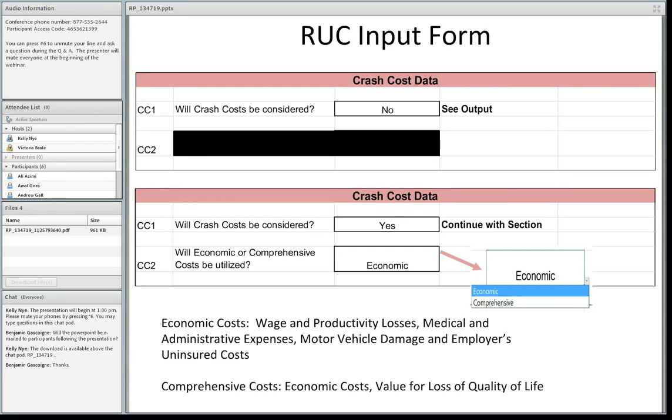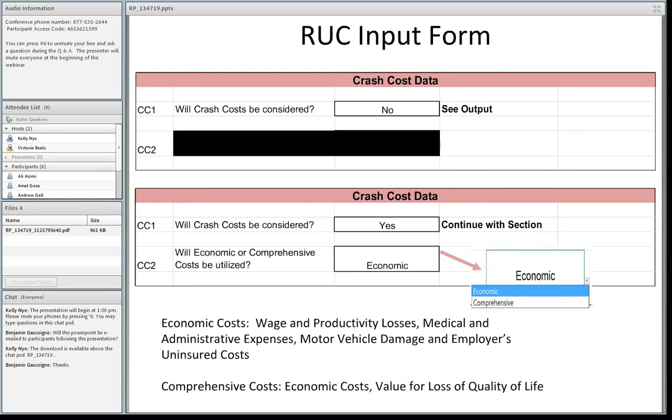The comprehensive costs are substantially different simply because of the dollar value associated with the loss of quality of life of an individual if they have an injury state A, so incapacitation, or a fatal crash, which really starts to charge those numbers quite substantially.